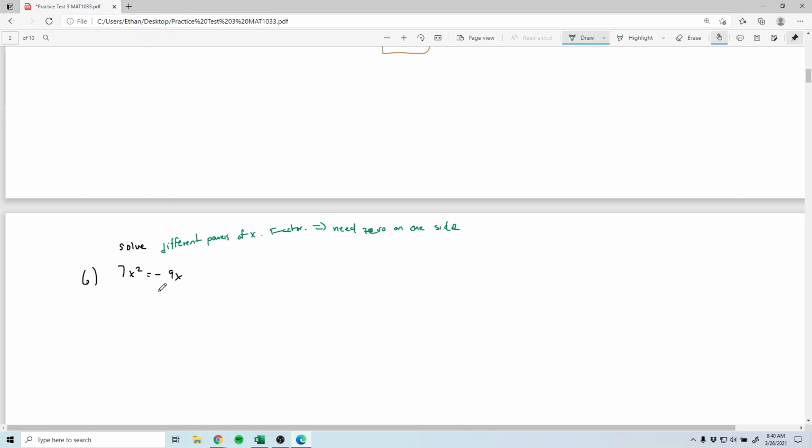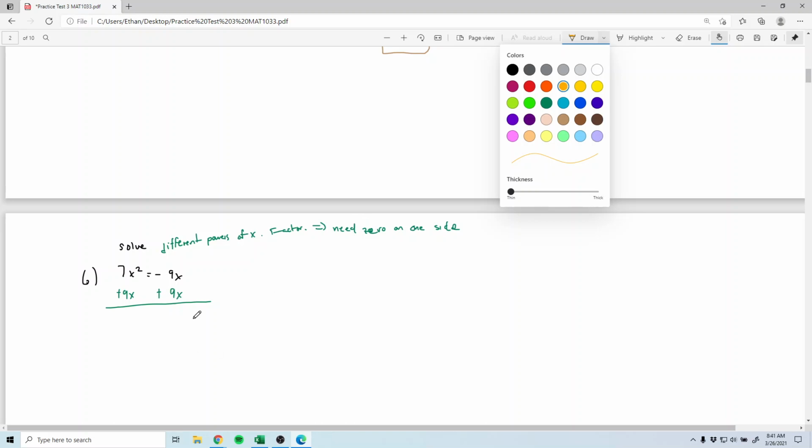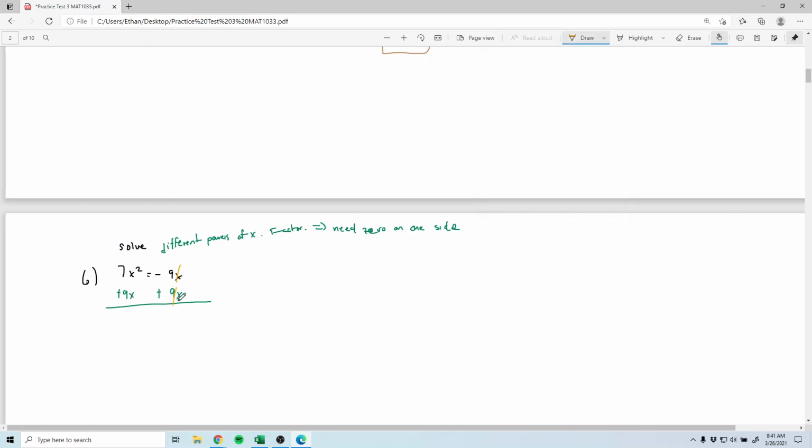So the easiest way to get 0 on one side, you can't just write 0, but we can add the 9x to each side, and that'll make the right side 0. So the 9x's go away, and we're left with 0 on the right side, and on the left side we've got 7x squared plus 9x. These do not have the same power of x, which means it's already simplified.